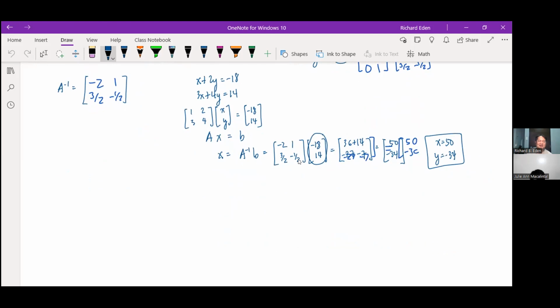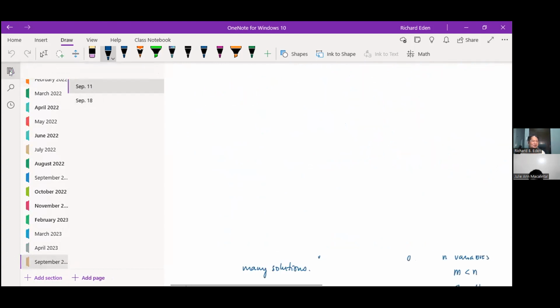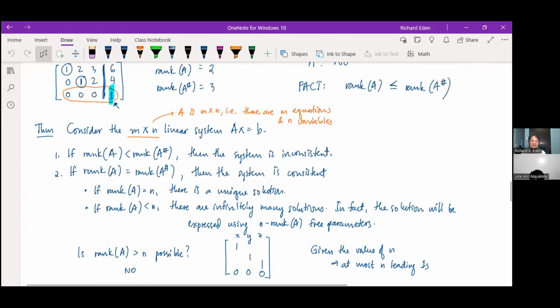Okay. Now, let's tie it up. Parang marami na tayong characterizations for system of equations. When we had the discussion last time, the general scenario was the matrix A is m by n.